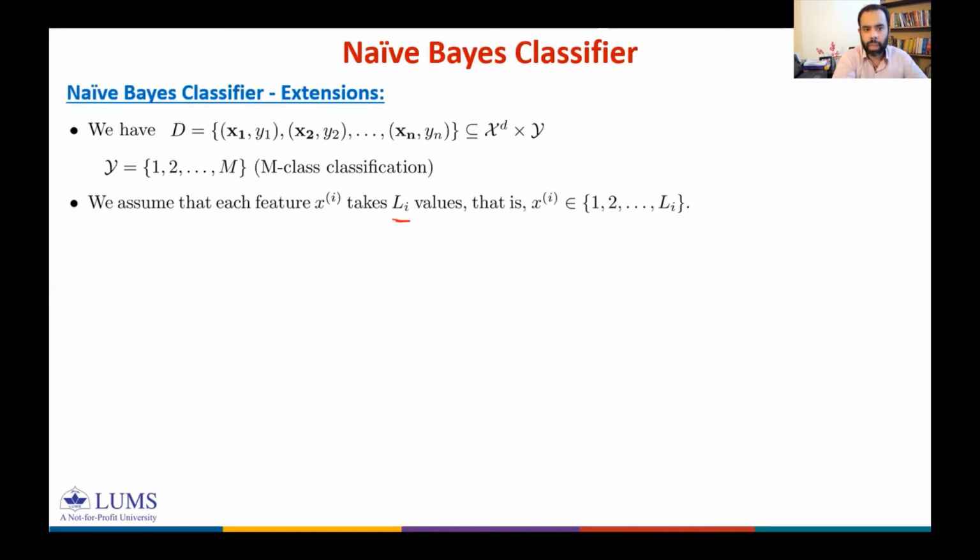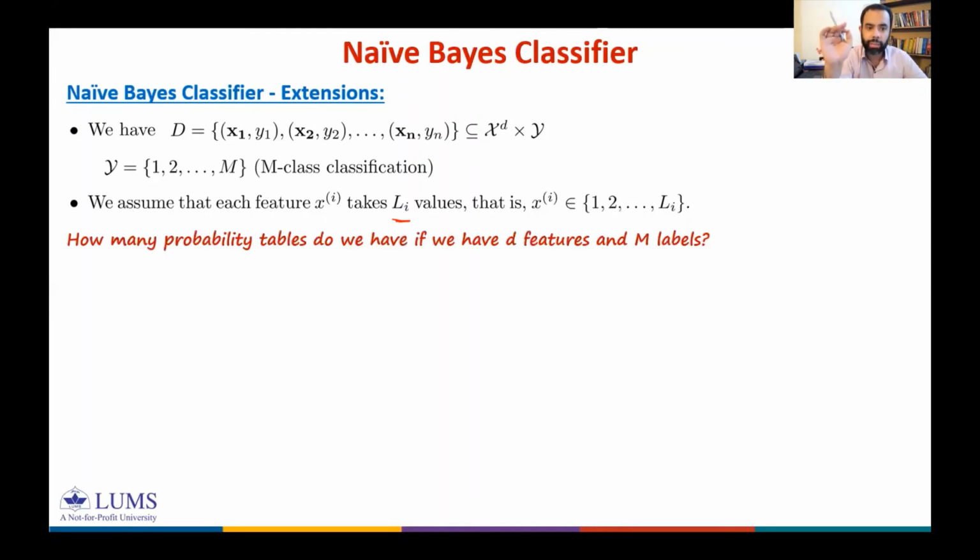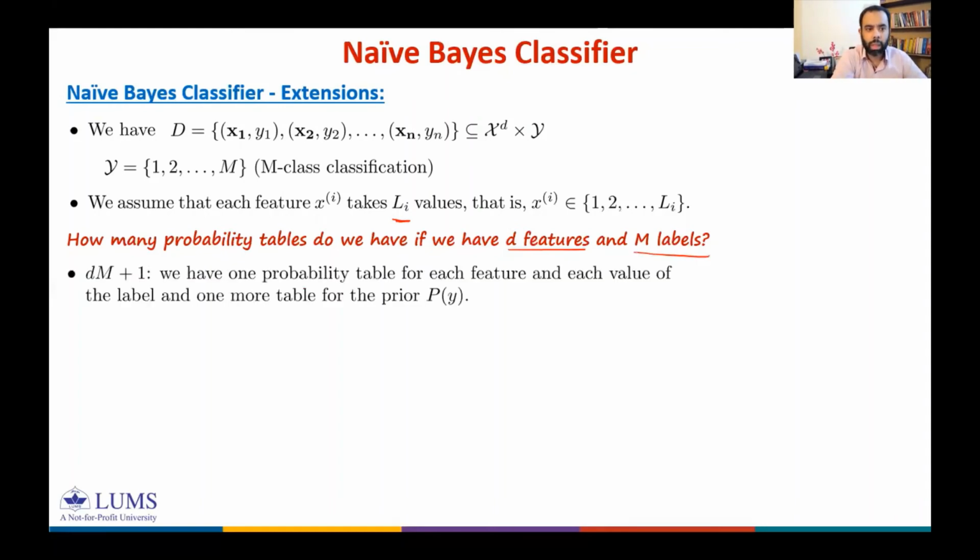If we have this classification problem, we can learn the likelihood and prior. We can compute the probabilities in a similar fashion by simply counting. How many probability tables do we have if we have D features and M labels? We will need D times M plus 1 probability tables.